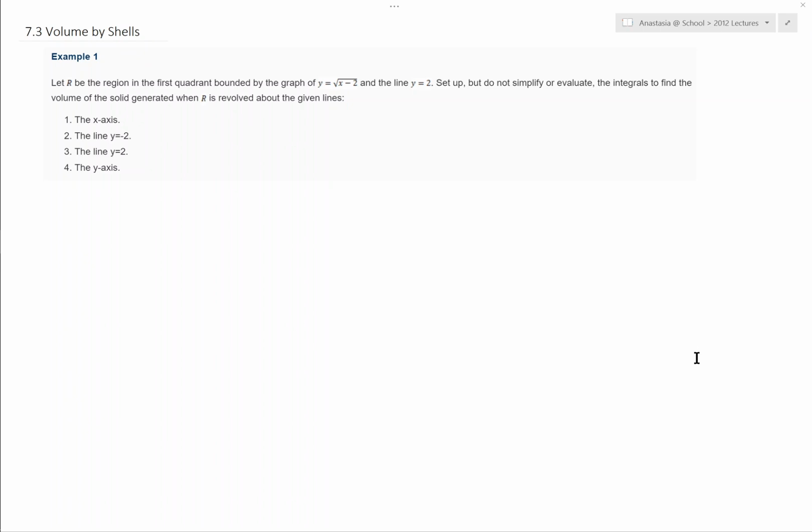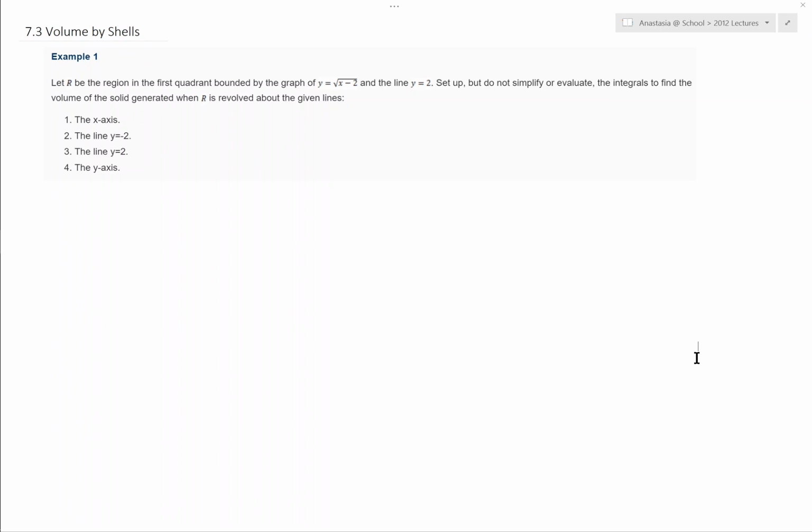The reason this is beneficial is that some regions are incredibly hard to represent in terms of a particular variable. So the shell method gives us a way to find the volume by writing stuff in the other variable, opposite from what the disk washer method allows. Whenever the disk washer method requires the x variable, then the shell method requires the y variable and vice versa.